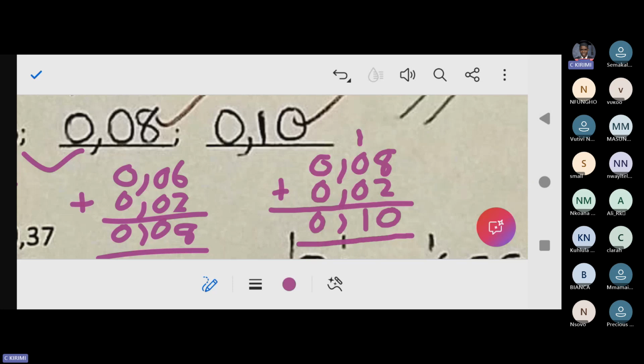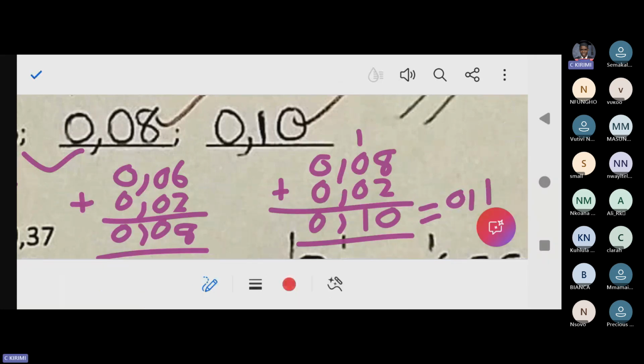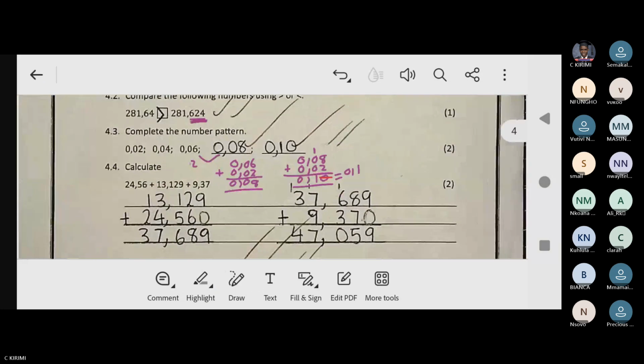You can write your answer as 0,10, or you can simply write it as 0,1, because this 0 is just a placeholder. You can put it or you can ignore it. So it's either 0,10 or 0,1, still the same.